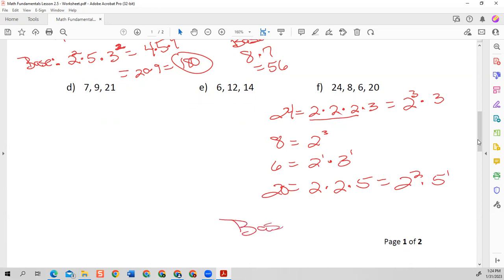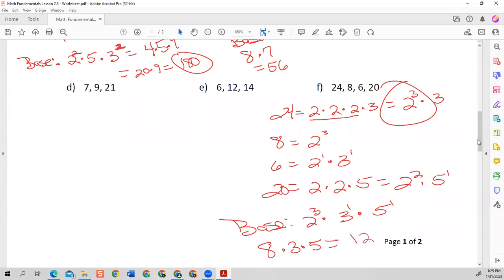Now, when I pick my bases, I got a 2, I got a 3, and I got a 5. I'm going to pick the highest power, which is 2 cubed. 3 to the first is all I have, and 5 to the first. So now I got 8 times 3 times 5, right? 8 times 3 is 24, times that 5 gives me 120. That is the smallest number that all 4 of those numbers will go into.